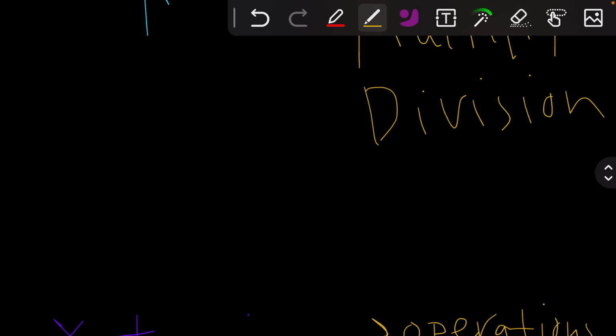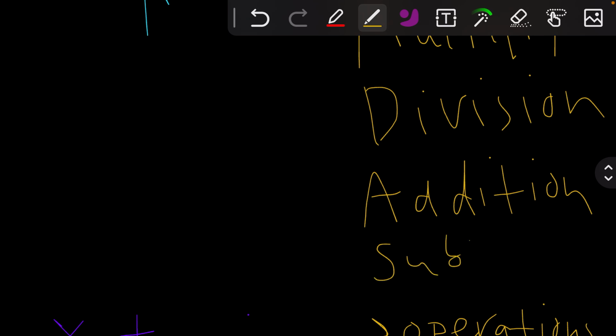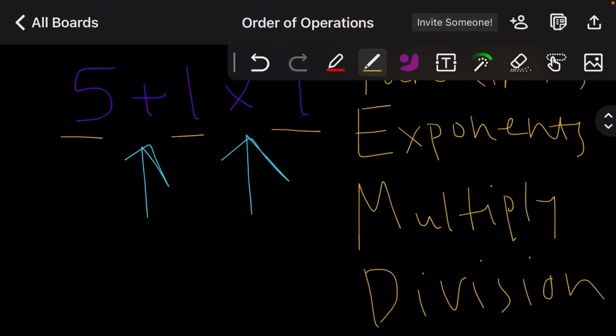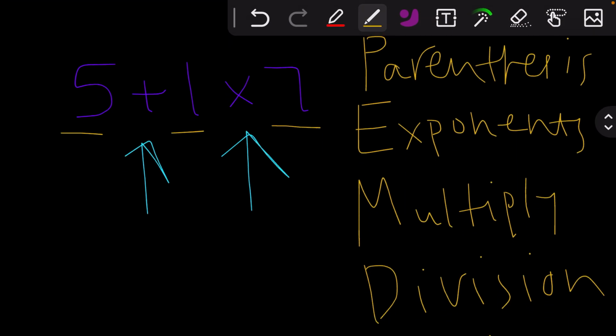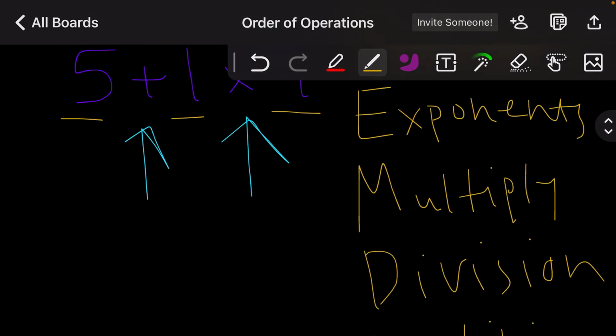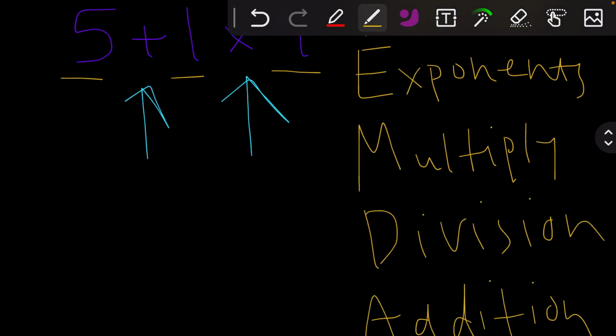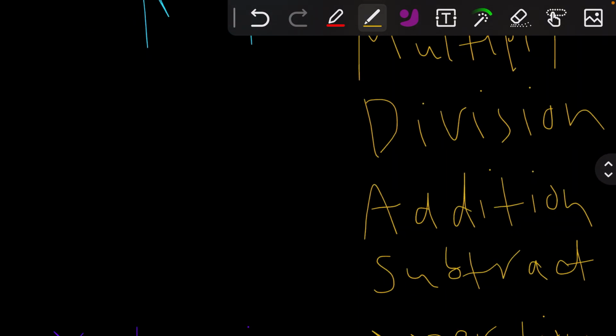So we do multiplication and then division, and then we do addition, and then finally subtraction. So if we have a bunch of instructions, this is the order in which we're supposed to carry out those instructions.